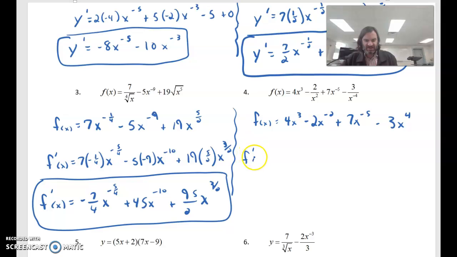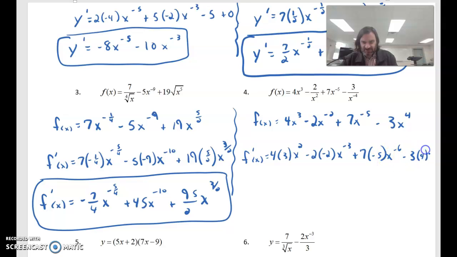So let's see here. F prime will be 4 times 3 times x squared minus 2 times negative 2 times x to the negative 3 plus 7 times negative 5x to the negative 6 minus 3 times 4 times x to the 3rd. Squeeze that in really tightly.